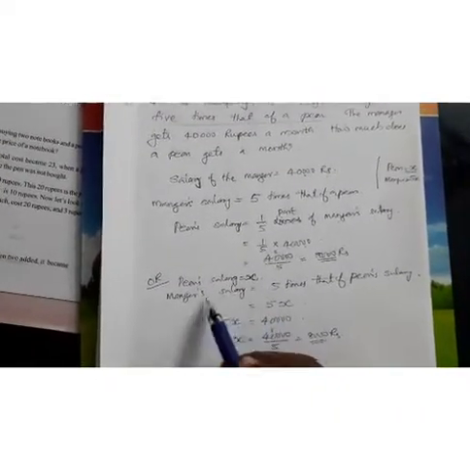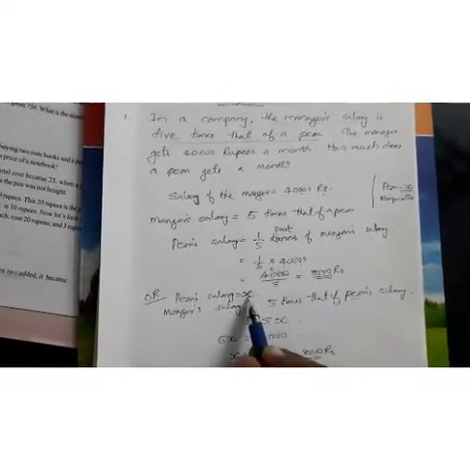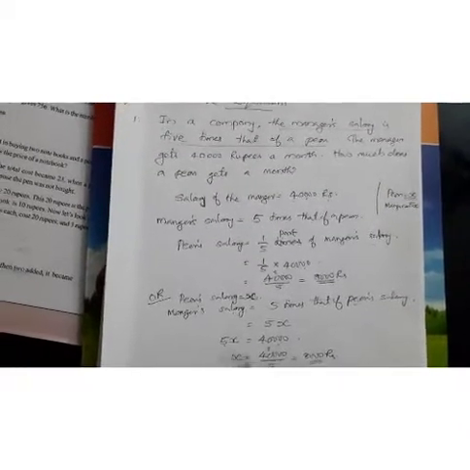Otherwise, keep the peon's salary as X. 5 into X is 40,000, as given in the question. So the value of X is 40,000 by 5.